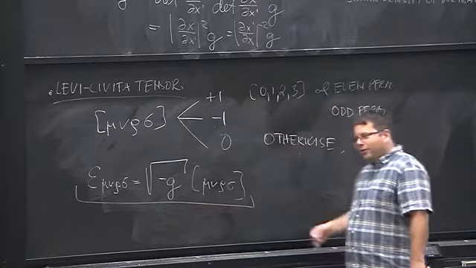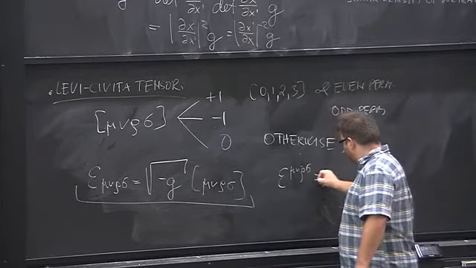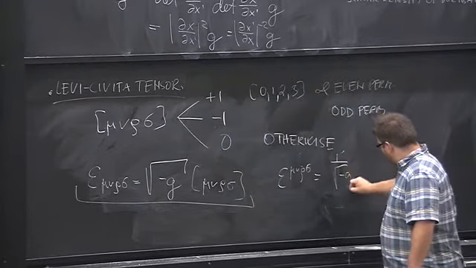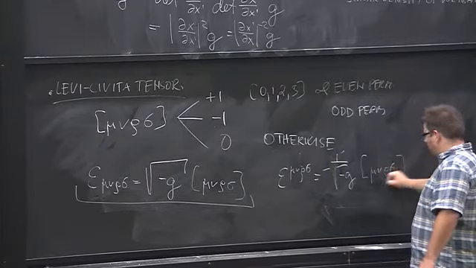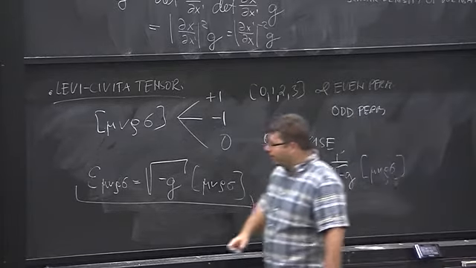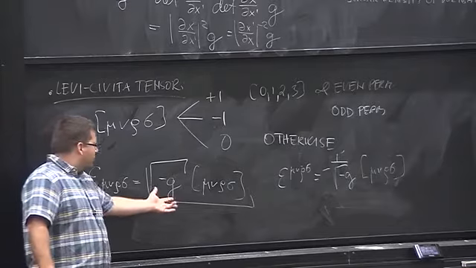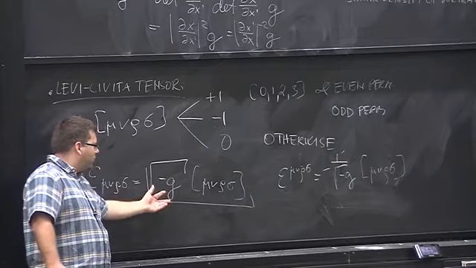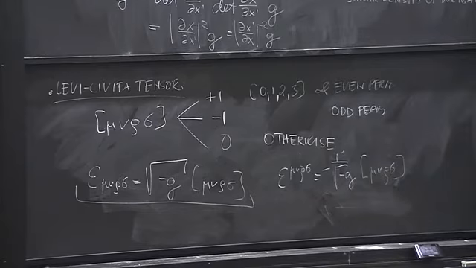These can be raised with the metric, but if you just want to define it in terms of this symbol, it will be 1 over square root of -g, but now with a minus sign, times the symbol. This is just what you get by raising the indices of that one. So it's almost like in special relativity. But in special relativity, we have the metric eta, which has determinant equal to -1. So minus minus 1 is +1. So this is just 1, and there's no problem there.